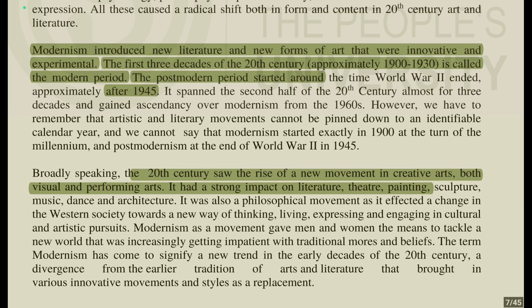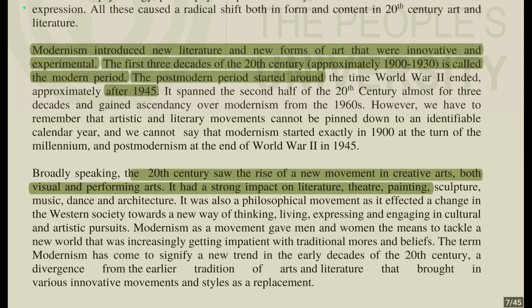It spanned the second half of the 20th century, almost 3 decades, and gained ascendancy over modernism from the 1960s. So what could be the second half of the 20th century? First half is the 1950s, of course. Second half is after the 1950s till the 2000s.